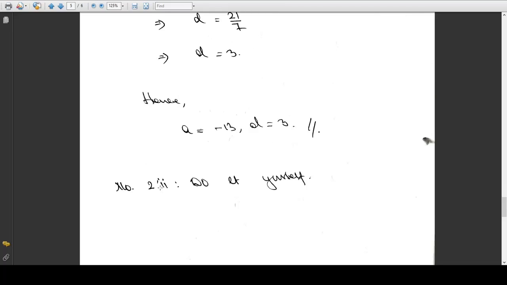Number 2, you try to do it by yourself in the same way, but you have to be very clear with the question. You have to identify which formula we'll be using, because Sn, the sum of n terms, has two formulas, the first and the second.